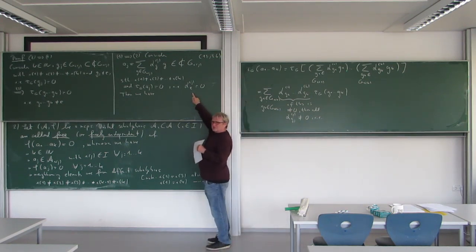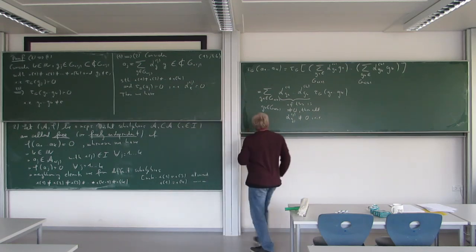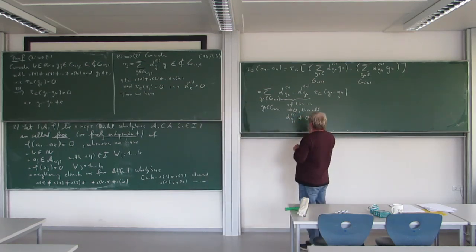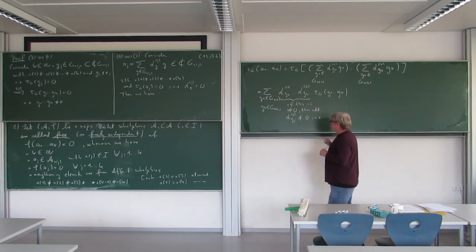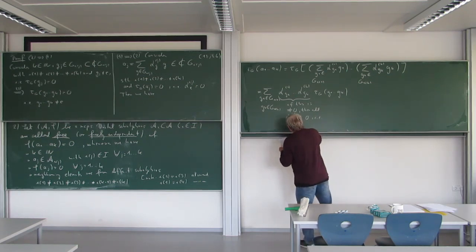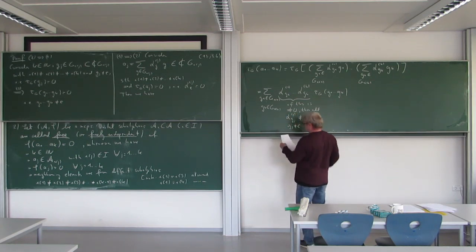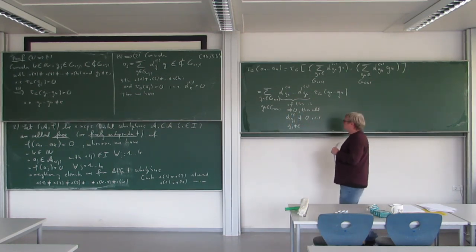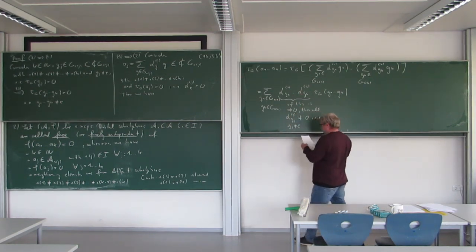Namely, some of them are equal to 0, namely the alphas corresponding to the neutral element. So if I want to have here something for which the coefficient is different from 0, then this element here cannot be the neutral element, because the coefficient of this is equal to 0. So this means that the Gj cannot be the neutral element.